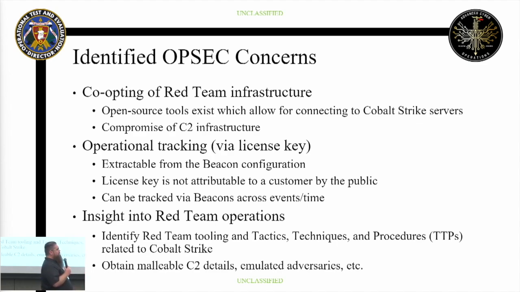Again, operational tracking or tracking of a threat actor using the key. And then information about the TTPs that a red team is using within Cobalt Strike, which can also tip you off to potentially what adversary they're trying to emulate, which is not great for OPSEC. As Nate mentioned, the beacon at some point has to be decrypted in a way that it's doing what it's going to do.